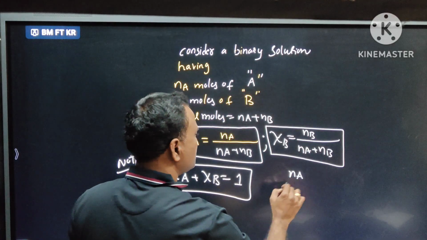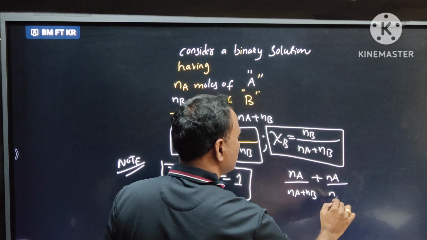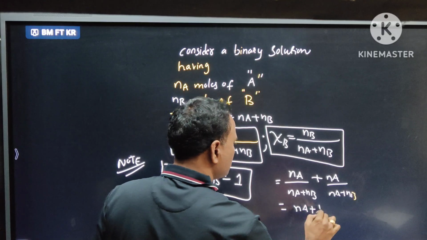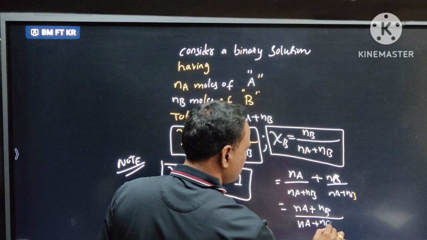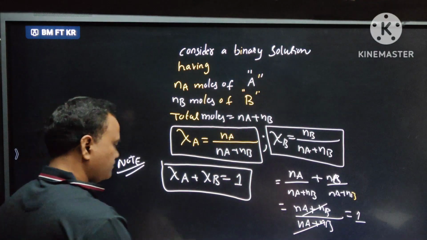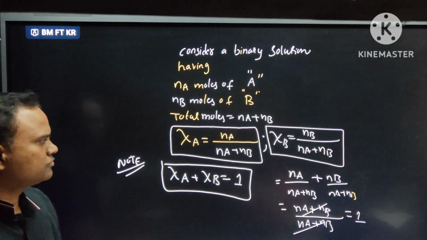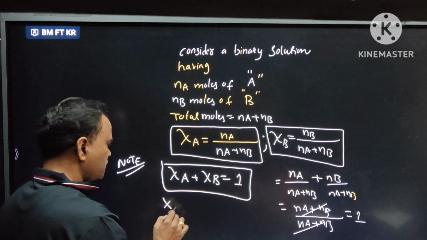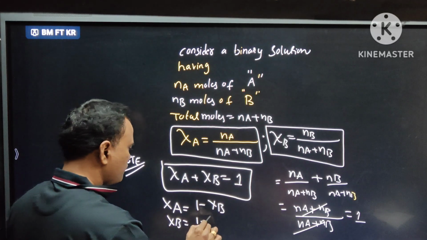Note down Na by Na plus Nb and Nb by Na plus Nb. What will you get here? After addition, you will get 1. Important relation: xa can be written as 1 minus xb. Similarly, xb can be written as 1 minus xa.